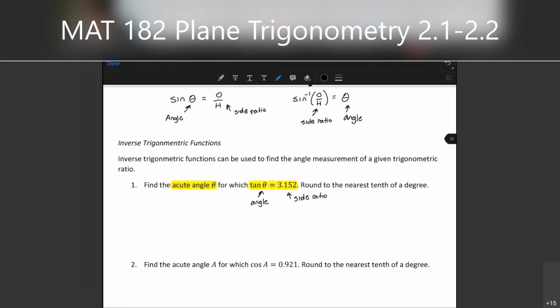When I consider finding that angle, what I need to do is take, in this case, a tangent inverse to undo that tangent function and find theta. A way we can write this out is to solve for theta with tangent inverse of my side ratio. My side ratio here happens to be that number, 3.152. And this is going to be equal to theta if I solve that correctly.